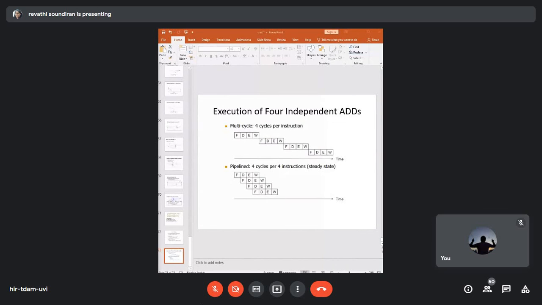But this is fine if I'm working on independent operations. The issue that we'll face in your pipelining architecture is data dependency. Though we are now working on independent ADD operations, where we don't see any data dependency, if you are working on some data-dependent tasks, then you will have a stalling problem.